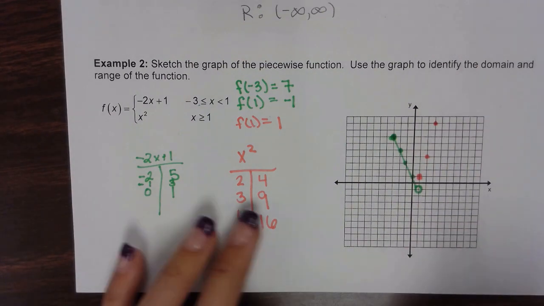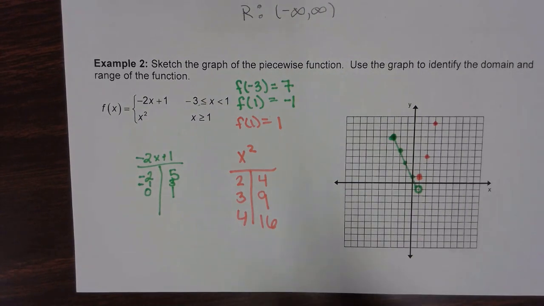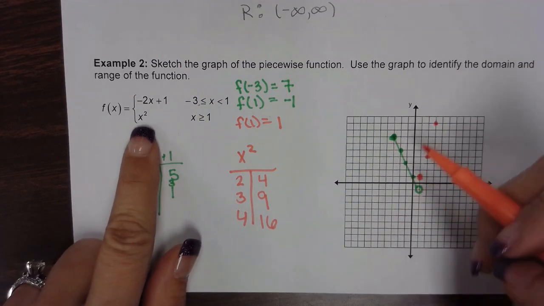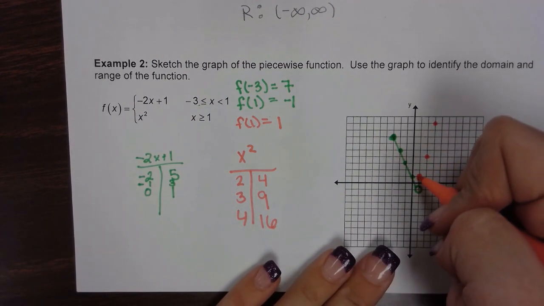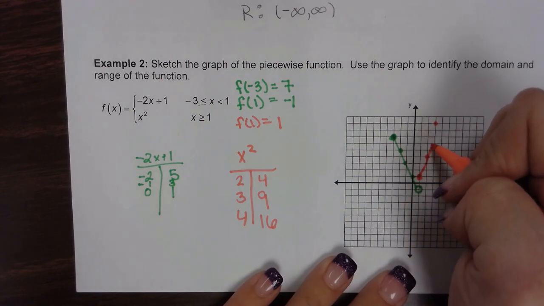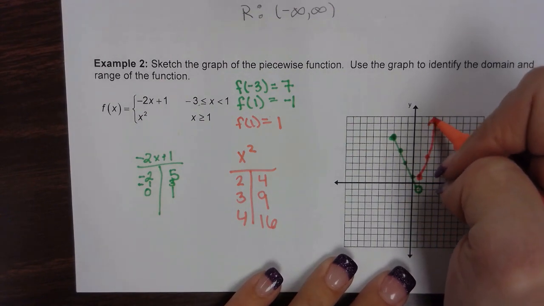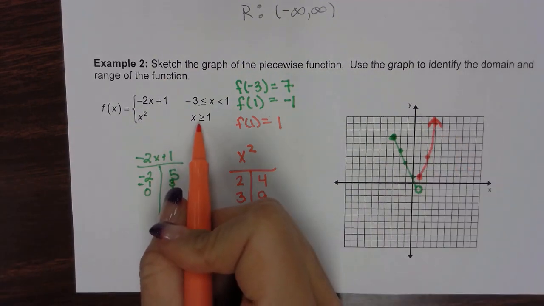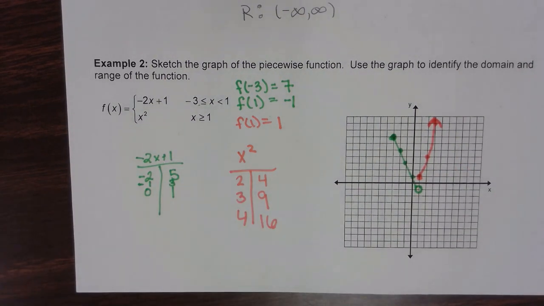And I'm not going to plot 4, 16 because it's off the graph. Let's keep in mind that this is not linear, so I'm not just going to connect it with lines. It's part of our parabola, which has a curve to it. Now I am going to put an arrow on this one because it continues all the way to infinity.